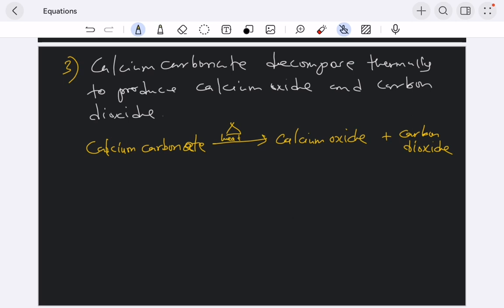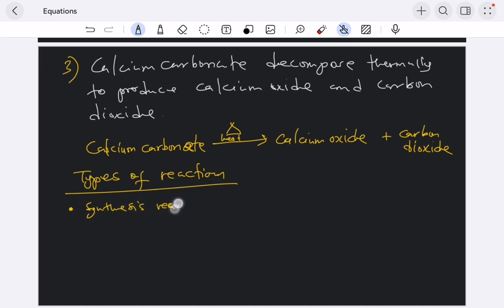I'm not going to go into the types of reactions. Those are some of the things that you can look at, types of reactions, as a side note. We have what we call synthesis reaction, neutralization reaction. We can look at this in a separate lesson.